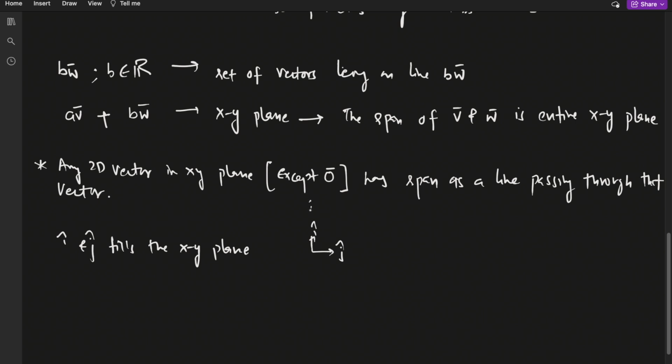So, sorry, I will redraw the diagram. i hat is here and j hat is here. So what is the span of i hat? Span of i hat is nothing but the x-axis.